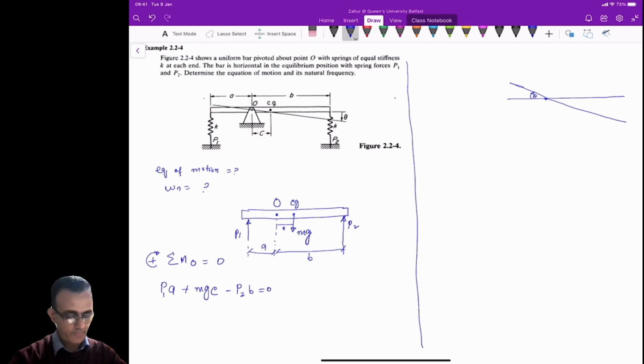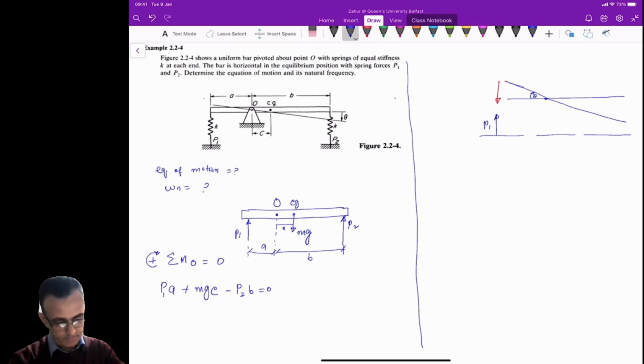now in this case, you will have a spring force. So obviously the forces that we have, one is the P1, and now because you are moving the spring in the upward direction, there will be a spring force in the downward direction.